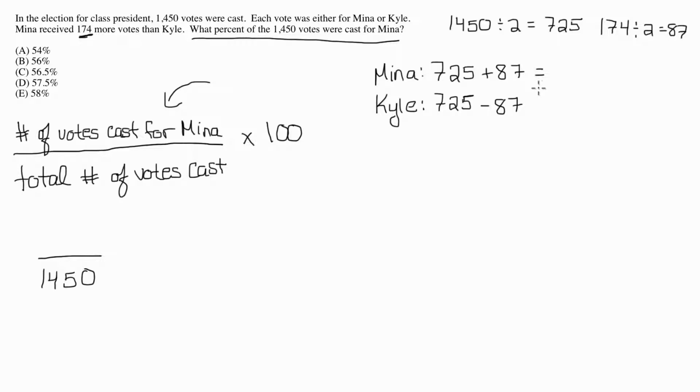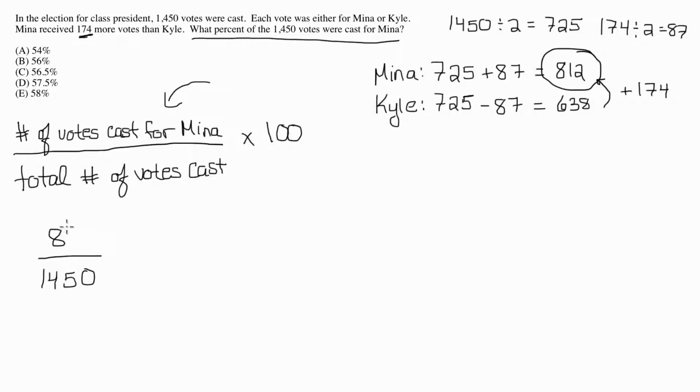Now Mina is going to have 812 and Kyle is going to have 638. If you quickly do the math, you know that means Mina has 174 more votes, which we should have known because we added 87 to one and subtracted 87 from the other, but you can always check just to be sure. So now we know that Mina has 812 votes.